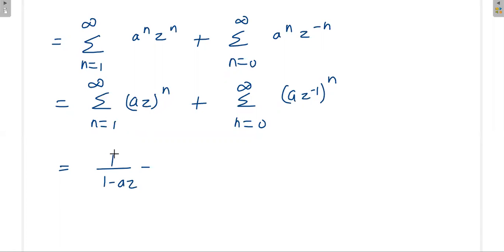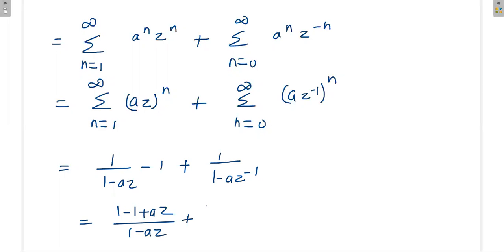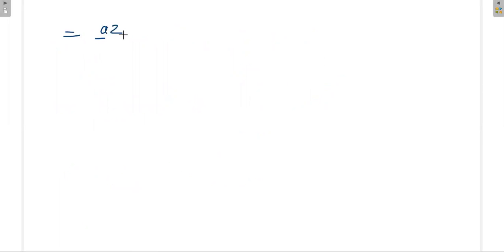Here we subtract 1, so minus 1 plus 1 by 1 minus a z, which gives a z divided by 1 minus a z, plus 1 by 1 minus a z inverse.